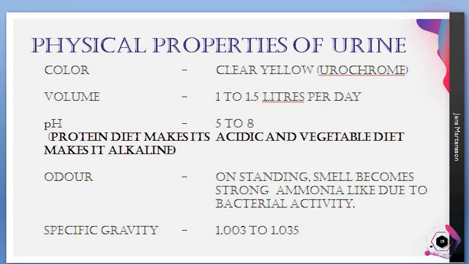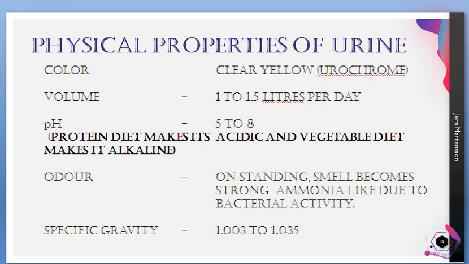What is a pH? pH is the power of hydrogen ion concentration to the base 10. Remember? Negative logarithm of hydrogen ion concentration to the base 10. It talks about the acidity or basicity of any solution. So the pH range of a normal urine has to be 5 to 8.